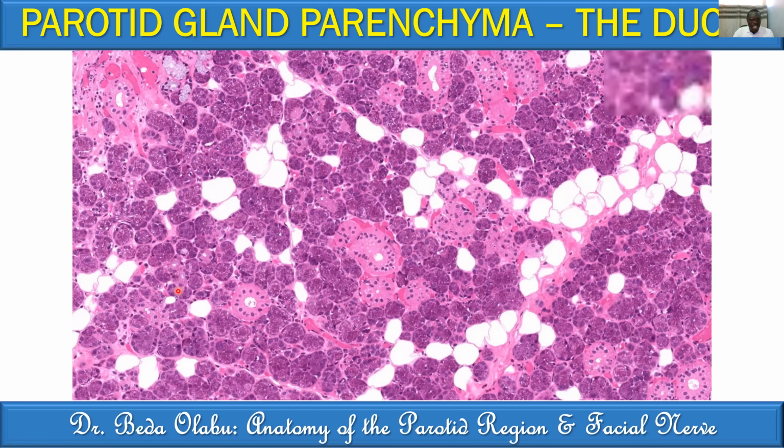So there are two types of ducts that we find inside the lobules. There are those ducts which are just arising from an acinus. That's the one we call intercalated duct, like this one. That's an intercalated duct. Or that one, that's an intercalated duct. Then we have those ones that we call striated ducts, like this one.